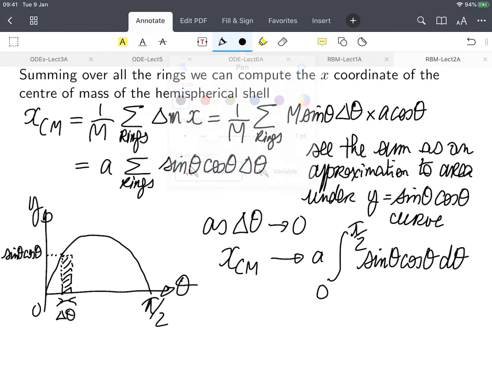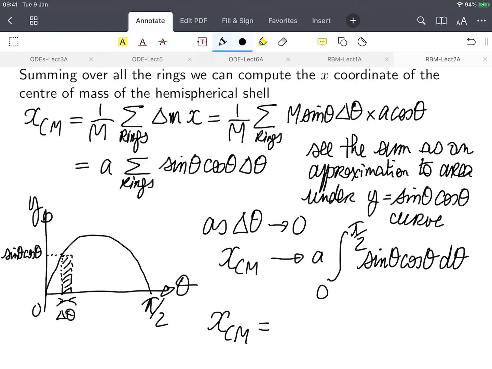And now I know how to compute this here in the limit xcm. How do I compute this? Sin theta cos theta. If I look in the book on page 24, I can see that 2 sine A cos A is sine 2A.